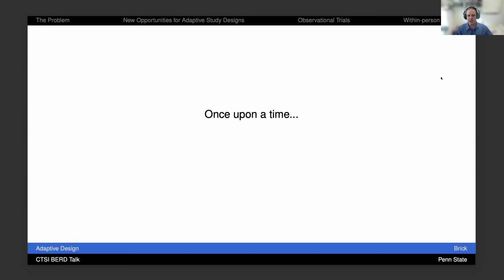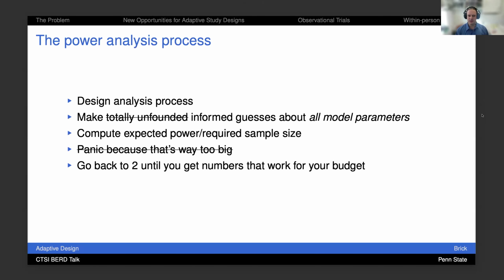And what happened was I looked back at the way we determined that initial N, and it went through the usual process that power analysis goes through, which is to say, we designed what we wanted to be our analysis, and then we made some lightly informed guesses from prior work and from pilot studies about every single parameter in the model that we were going to run.